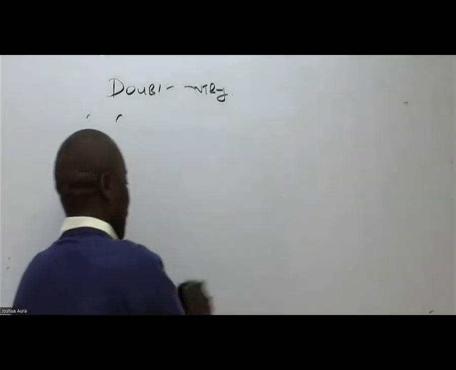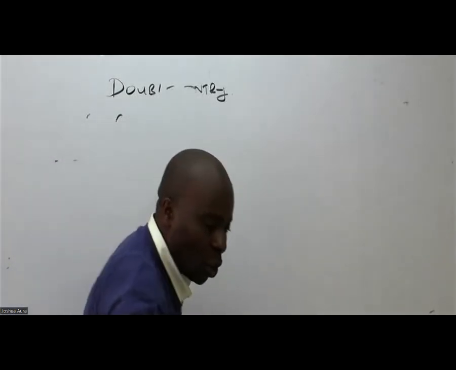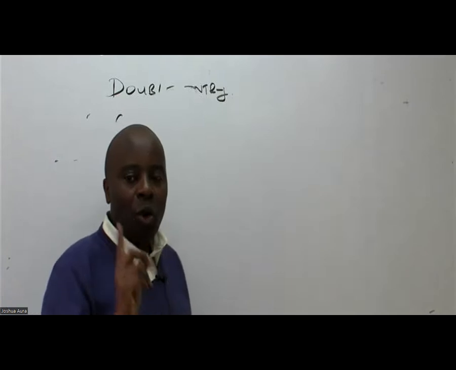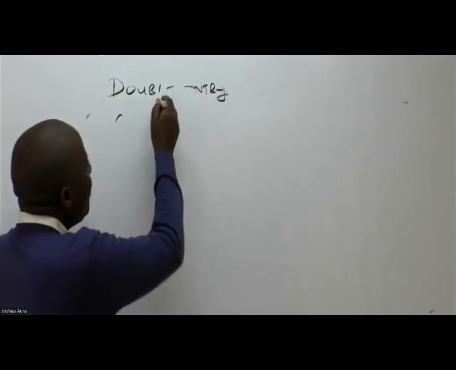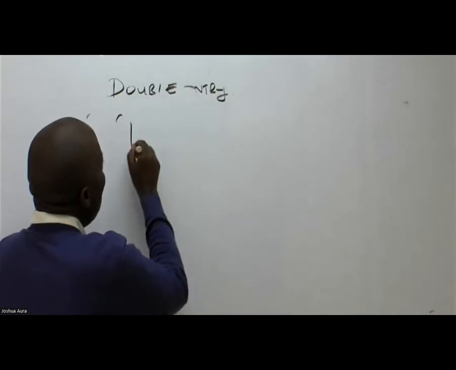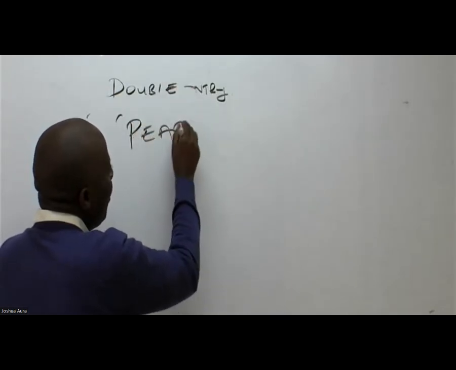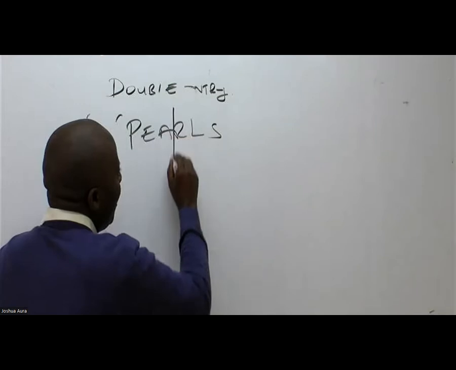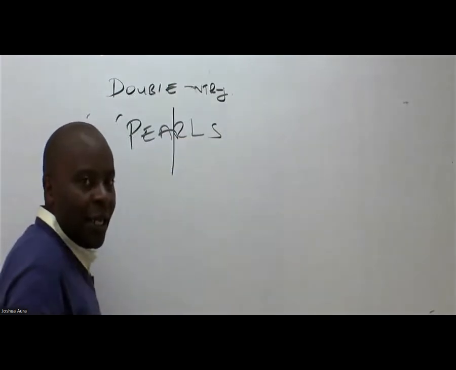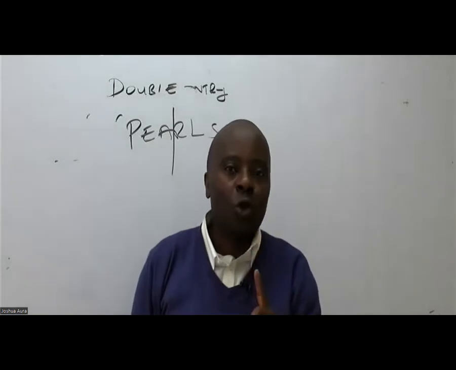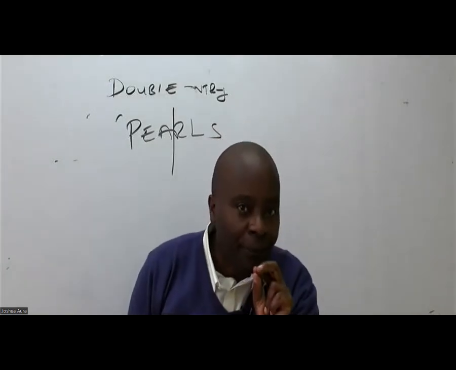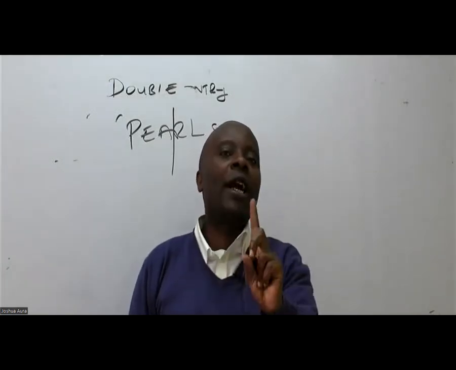Now, ladies and gentlemen, there is a shortcut I want you always to remember whenever we talk of double entry. A good student will remember it whenever the examiner gives you business transactions and asks you to prepare journals or ledger accounts.